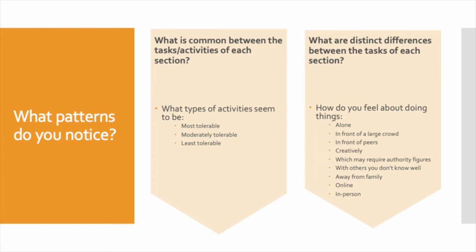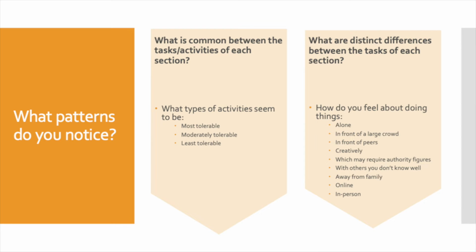So now that you've filled in all 3 layers of the hierarchy, it'll be good to look at what patterns seem to exist. So which kinds of activity seem to be most tolerable, moderately tolerable, and least tolerable. Maybe they're events that involve public speaking or speaking to people you don't know that are least tolerable.